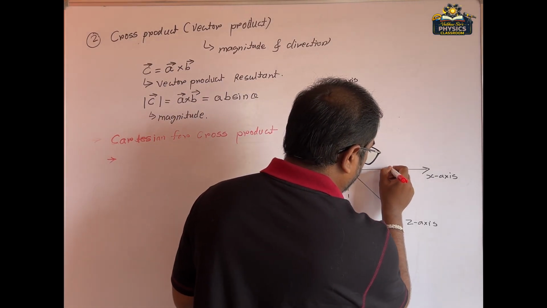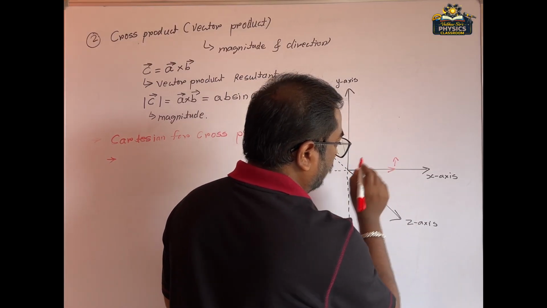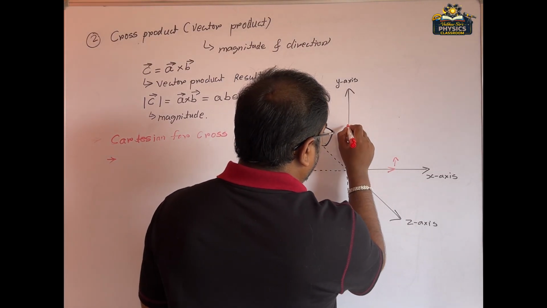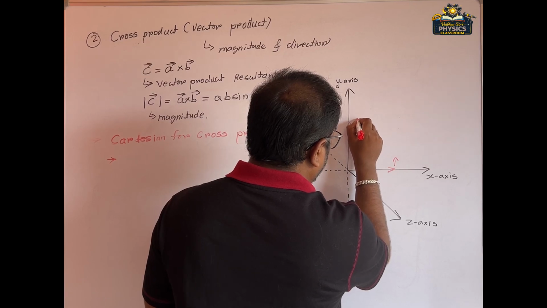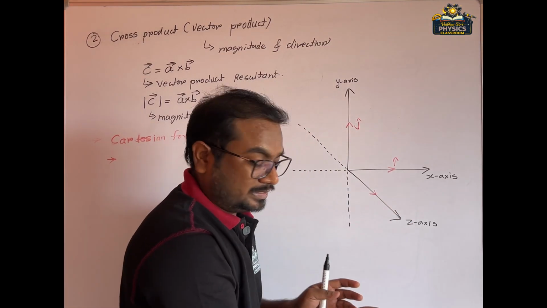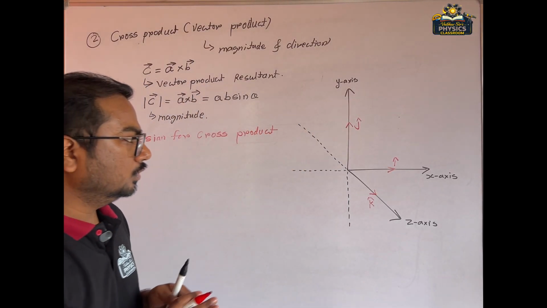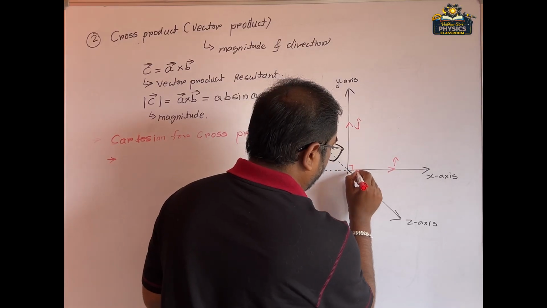So if the unit vector is moving toward the x axis, it will be I cap. If the unit vector is moving towards the y axis, it will be j cap, and toward the z axis, this is the k cap, just like that. All are perpendicular to each other, right?